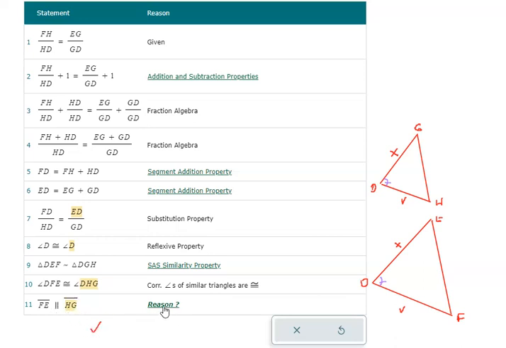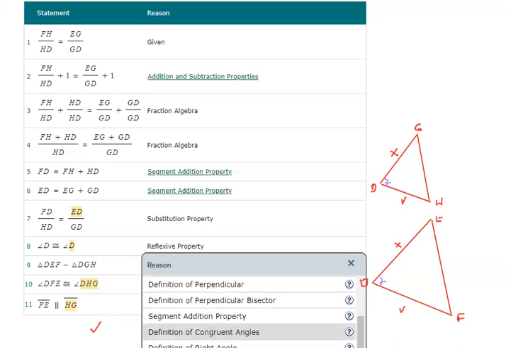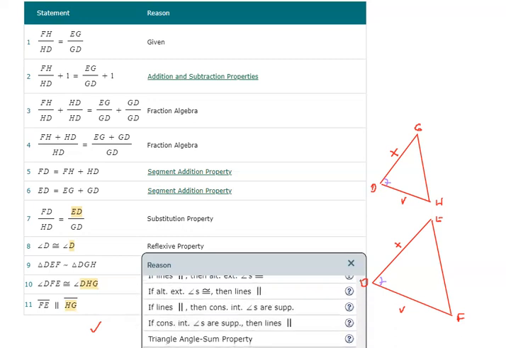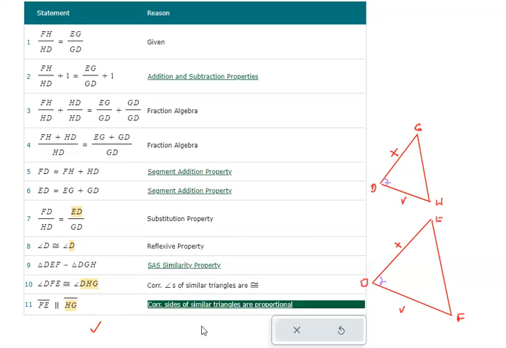Why are they parallel? Because they are the third sides of the similar triangles. Corresponding sides of the similar triangles are proportional. So let's see if we have that, yeah, good reason. It says corresponding sides of similar triangles are proportional, since we proved these two triangles are similar by the side angle side similarity property. So that means the third side and the third side should be proportional as well. And that is actually the last statement we can say.